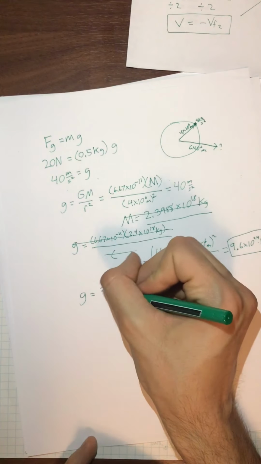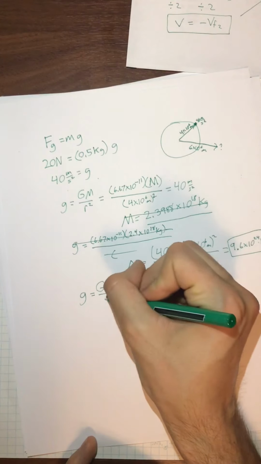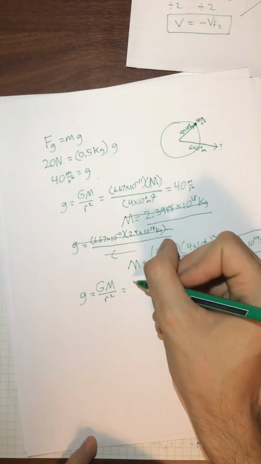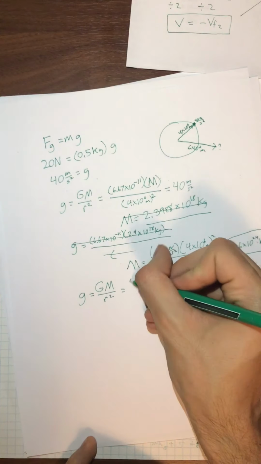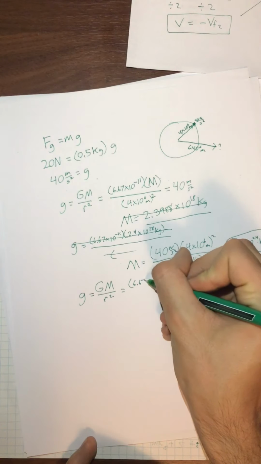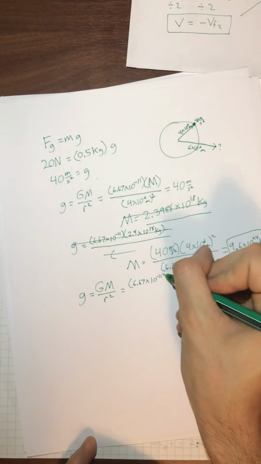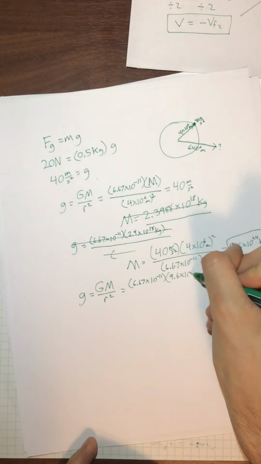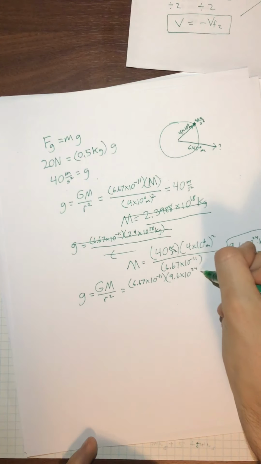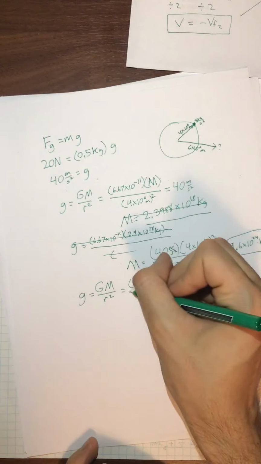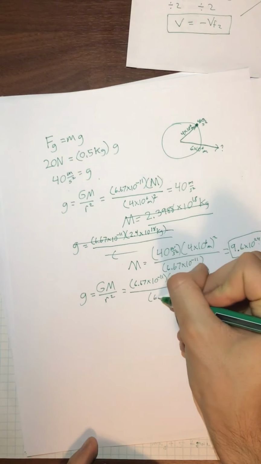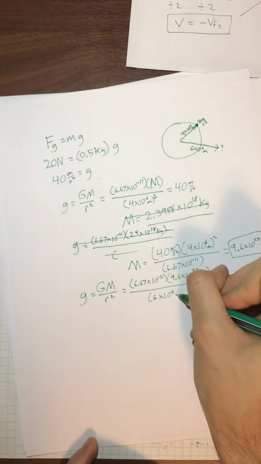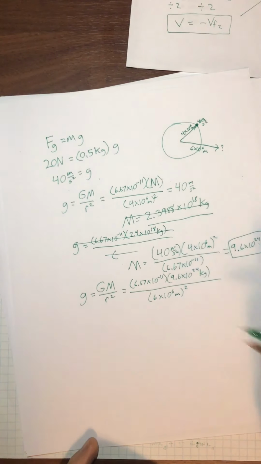So we've got this g equals GM over r squared. So we have to solve for g. So again, big G is 6.67 times 10 to the negative 11. Big M is 9.6 times 10 to the 24 kilograms. We'll divide that by that 6 times 10 to the 6 meters squared number.